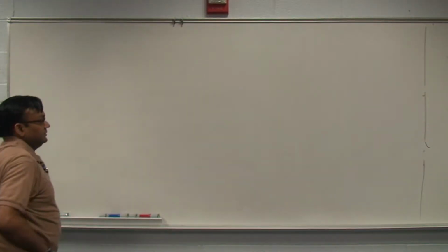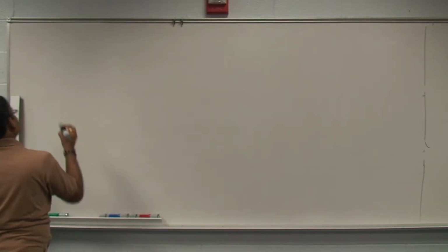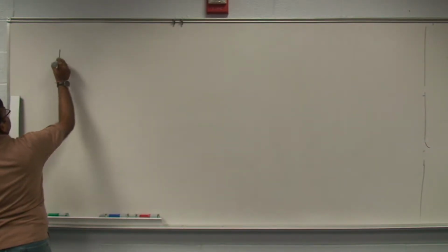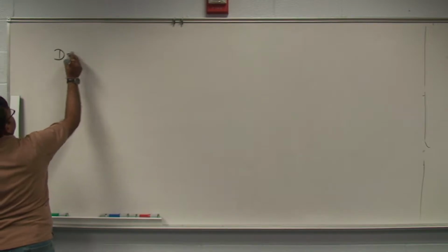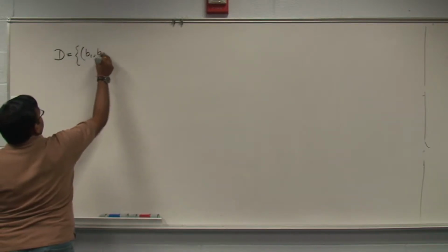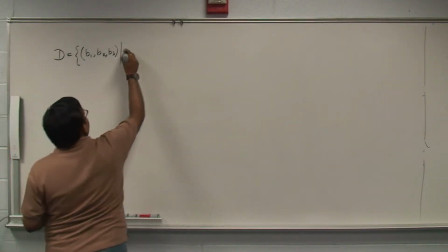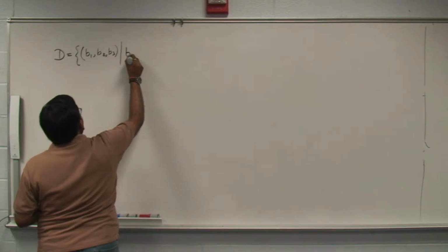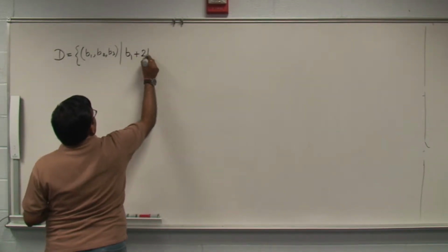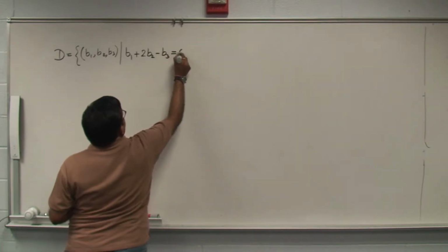I'm after a general result, but let us first deal with examples. Let me go with another set, again in R3, a vector with certain conditions. This time let me choose, say, b1 plus 2b2 minus b3 equal to 0.